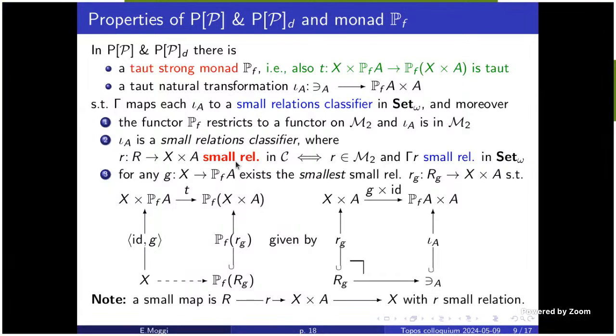I only defined small relations, but if you are interested in going into the framework of category of classes, the small maps will be obtained by composing a small relation with a projection.